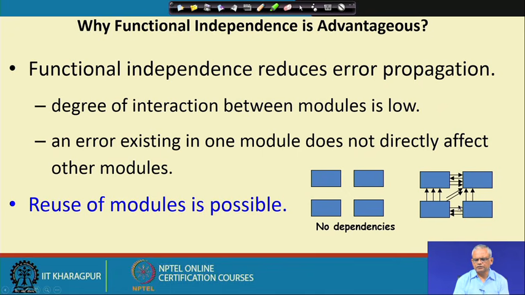So, they are all coupled. We cannot just take one module and use it, we have to take across all these modules, the entire project we have to take, and that becomes infeasible. So, if we have a functionally independent set of modules, any module that we need in another project, we can easily reuse.